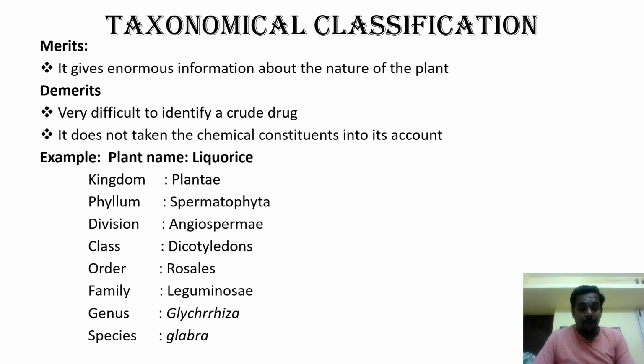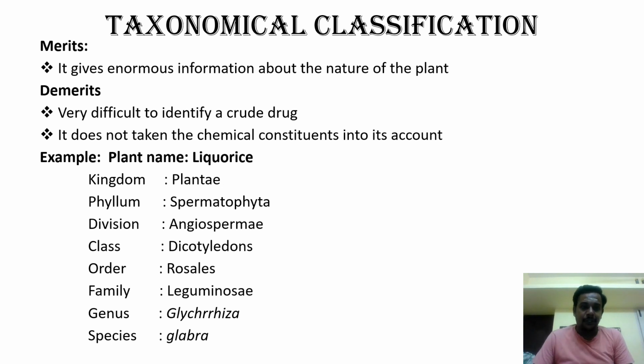Right, so by having this much information, we can classify each and every crude drug. That is why in the beginning I told that the taxonomical system of classification is a complex system. I think you may have understood.